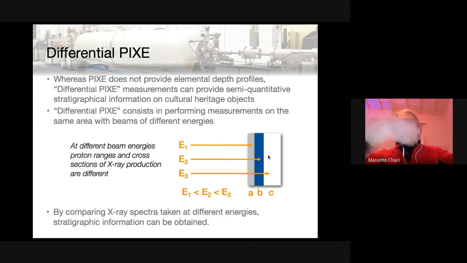If you increase it further, you punch through the different layers, and you will see different X-rays appearing when you increase or reduce the energy, meaning that they are in a deeper or in a shallower layer. It is mostly semi-quantitative, but you can also use some tricks to get quantitative information, at least to say which layer is in front of the other.